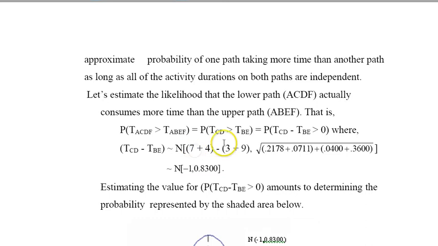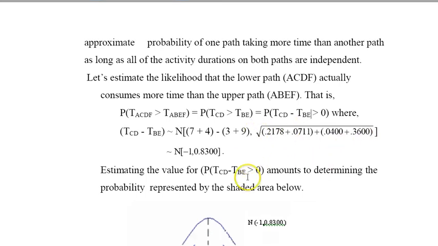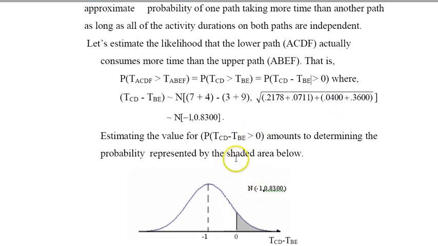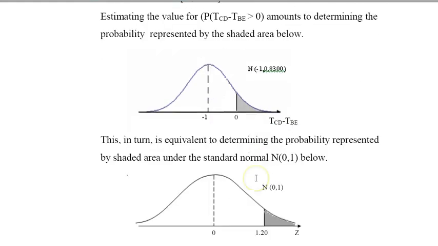So I want the variance of C, variance of D, variance of B, variance of E, add them up together, take the square root, and that would give me a normal distribution.